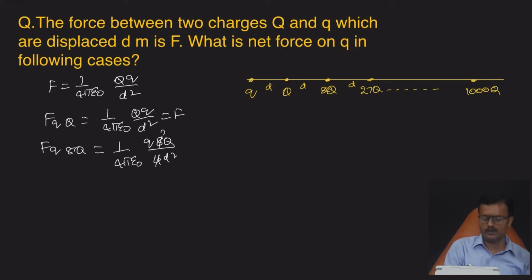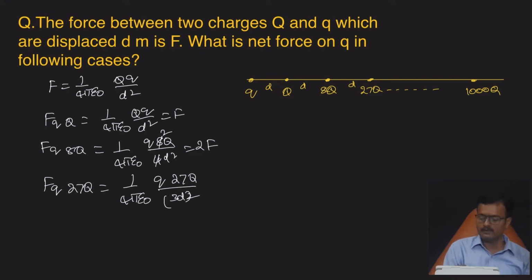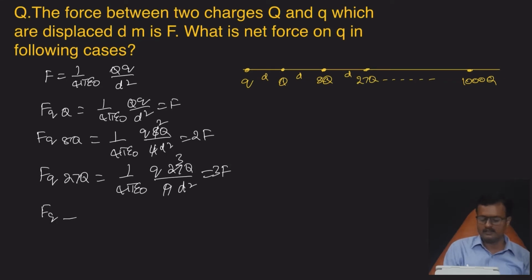So 4 2s are 8, so that is 2F. Next, force on small q by 27Q is 1 by 4 pi epsilon naught q 27Q by 3d whole square, so 9d square. So 9 3s are 27, so that is 3F.